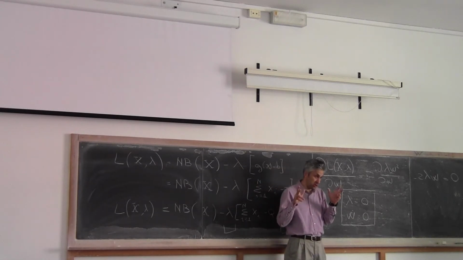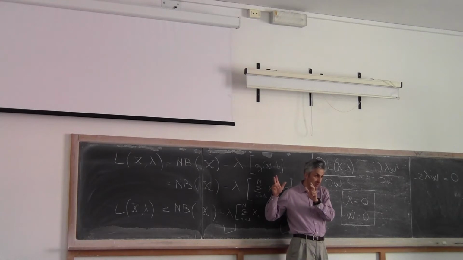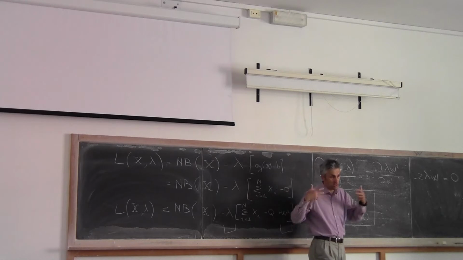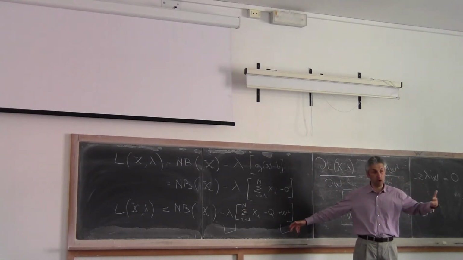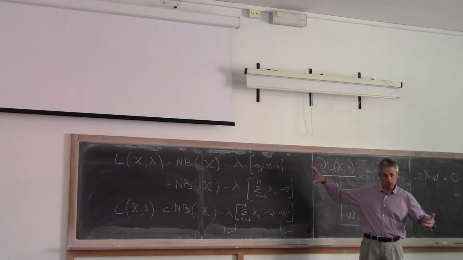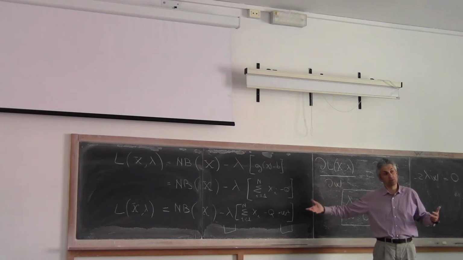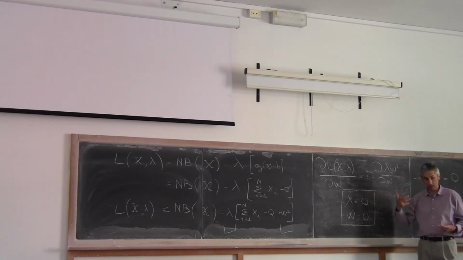So pay attention. The first option that we have is to consider the solution given by the equality constraint. So the first option is, let's forget about the inequality constraint. Let me suppose that it's an equality, and then I find the solution, which I can find because I know from the previous class how I can estimate it.